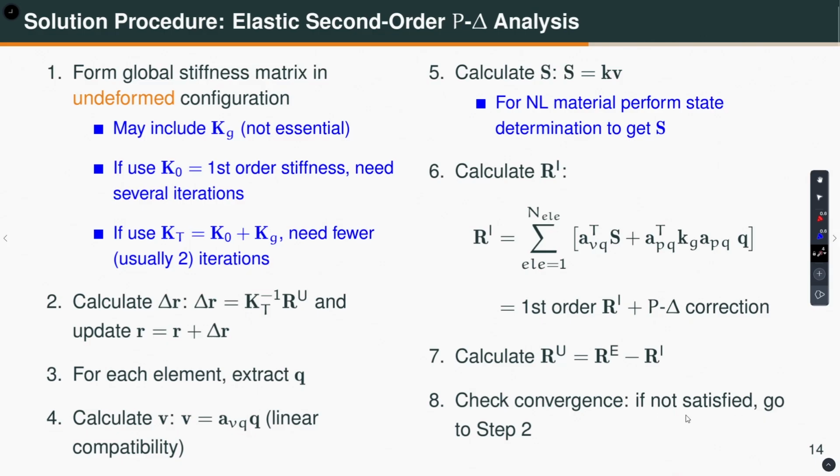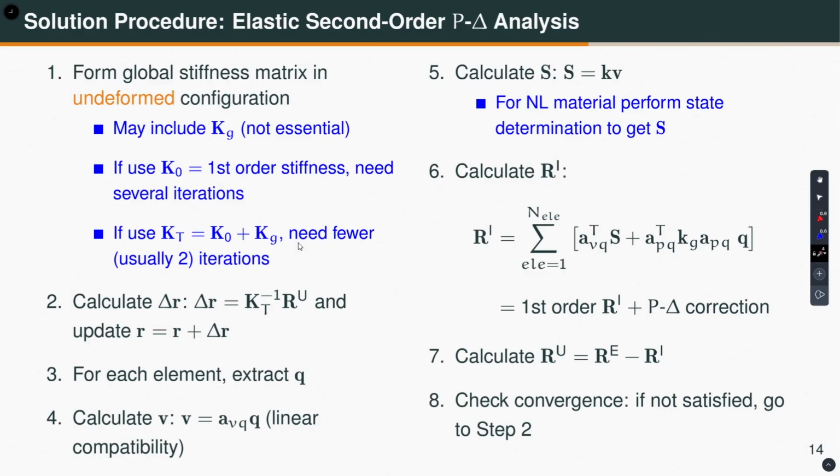If the convergence criteria is not satisfied, then you go to step 2, calculate a new incremental displacement and repeat the step. Okay. We can do this iteration using K0, that is the first order initial elastic stiffness matrix, or the tangent stiffness matrix considering the geometric stiffness matrix. I will show you that the first will require a lot more iterations, whereas the tangent will require fewer iterations, typically 2 iterations.